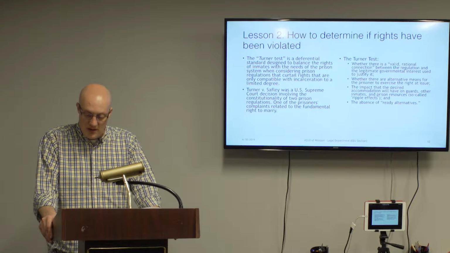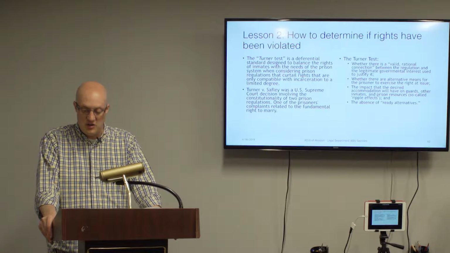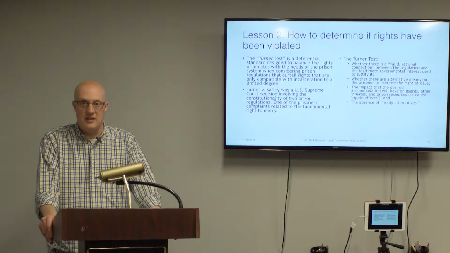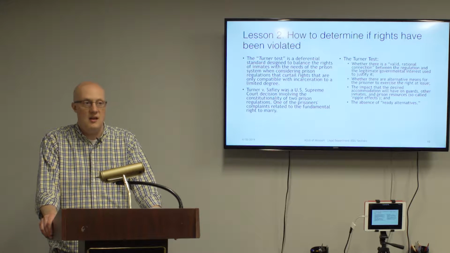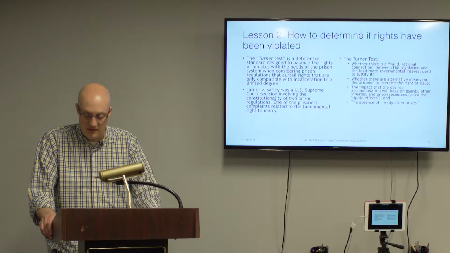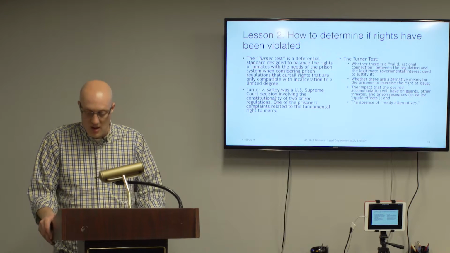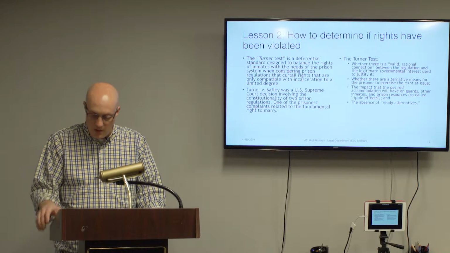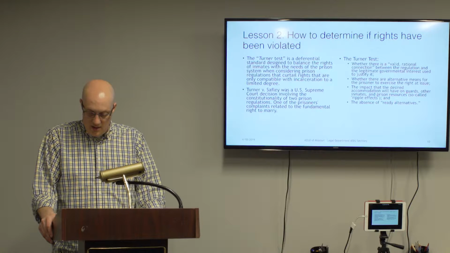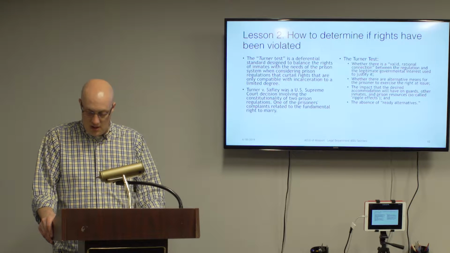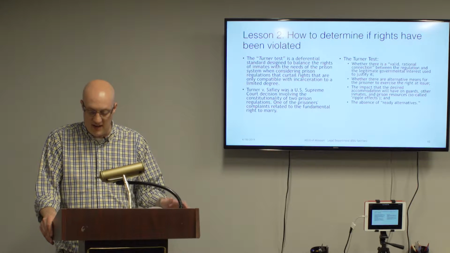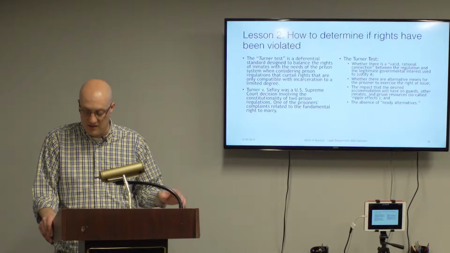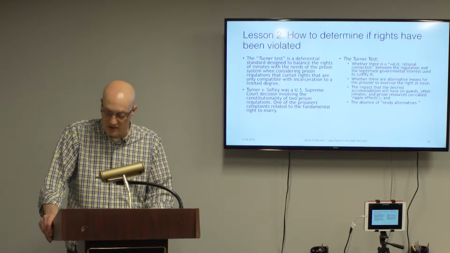The final one, that the prison officials actually knew but deliberately disregarded these needs, is a tougher one to hit. The Eighth Circuit has said the plaintiff must show more than negligence, even more than gross negligence.